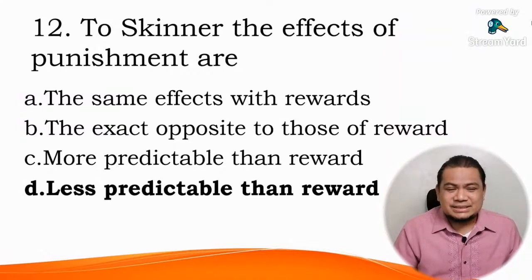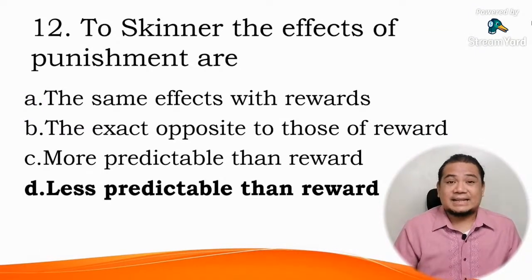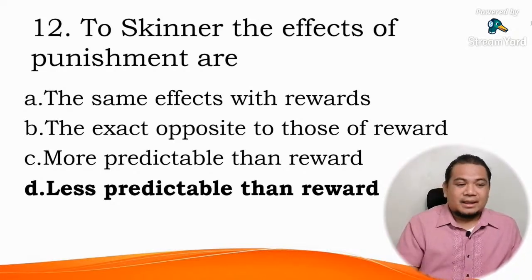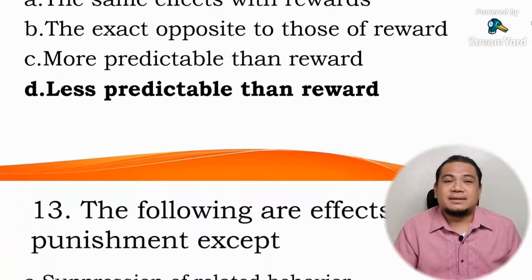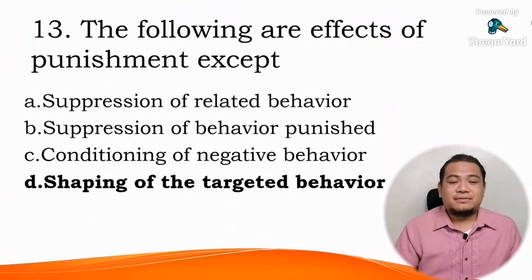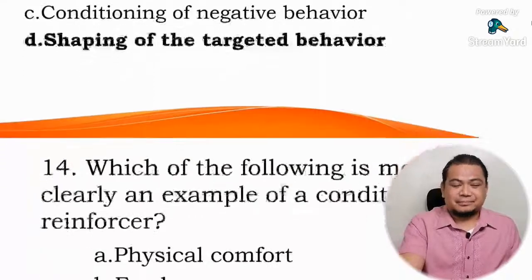Number 12. To Skinner, the effects of punishment are, the answer, letter D, less predictable than rewards. Skinner agreed with Thorndike that the effects of punishment are less predictable than those of reward. 13. The following are effects of punishment except letter D, shaping of the targeted behavior.